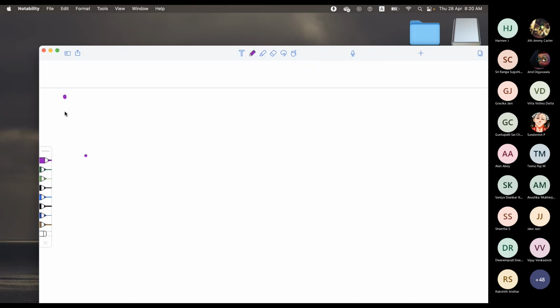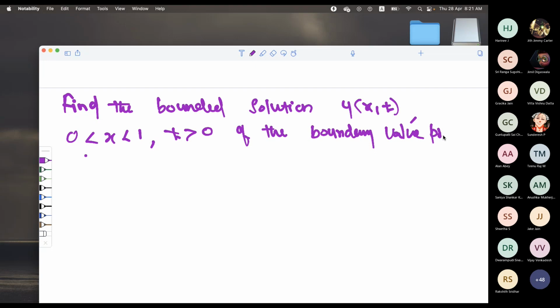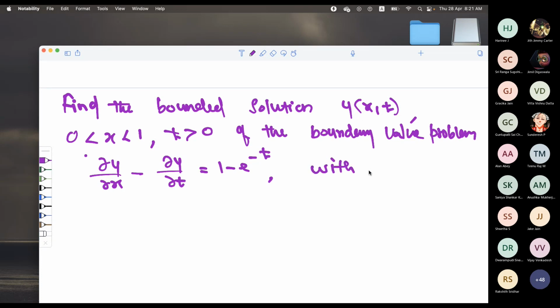Find the bounded solution y of (x, t), where x lies between 0 and 1 and t is positive, of the boundary value problem ∂y/∂x minus ∂y/∂t equals 1 minus e raised to the power minus t, with y of (x, 0) equal to x. Okay, y of (x, 0) is x.